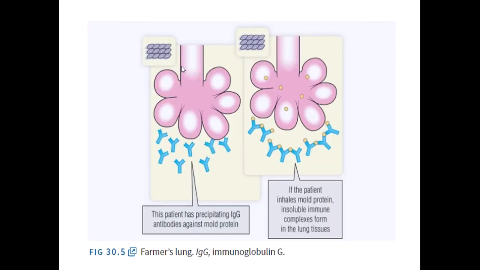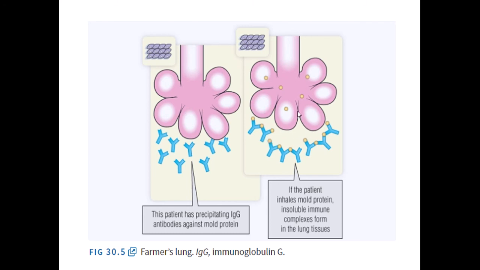So as you can see here, for example, in type 2, when the antibody develops against the alveoli, then complement will be activated. So here this patient has precipitating IgG antibodies against the mold proteins, and then complement will be activated.